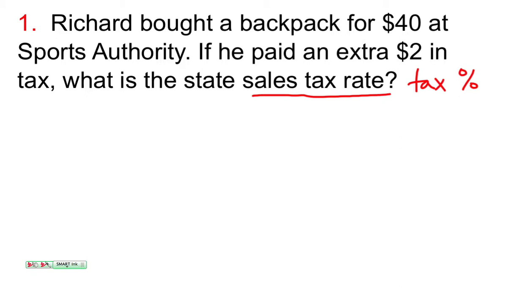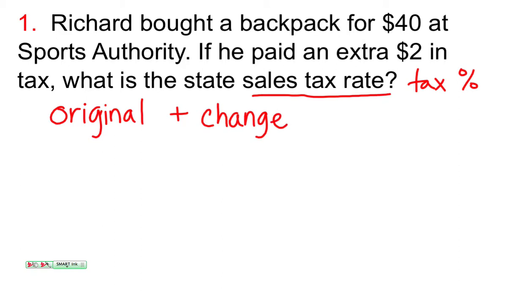So what you need to do is write down original, tax is added, so we're going to write plus the change equals the new price. So from the problem we know that Richard bought a backpack for $40. So please make sure that you've written down on your sheet of paper original plus change equals new.